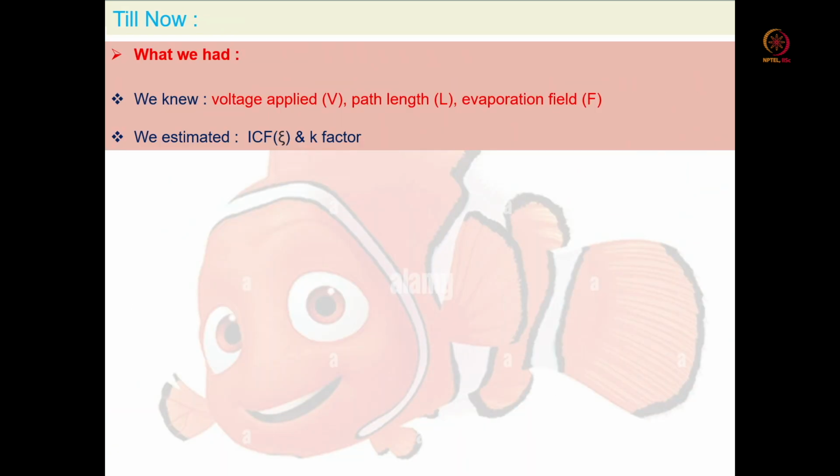So now, what do we know? We know the voltage, we know the path length, and we know the evaporation field of that particular species or tip surface. You have the ICF, and you know the K factor from the crystallographic axes and angles. We can also measure the K factor using other microscopy techniques.